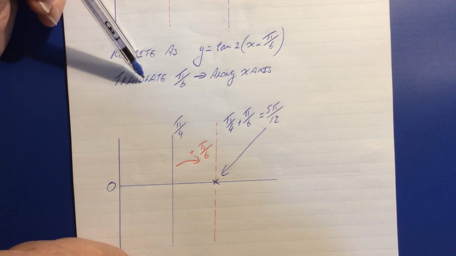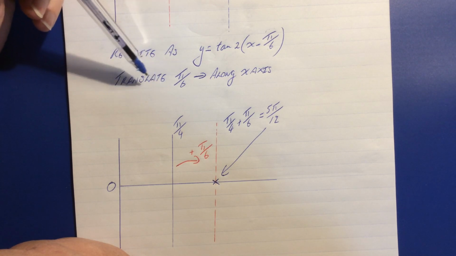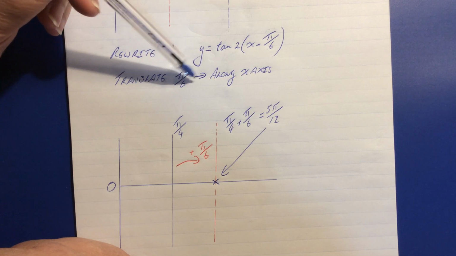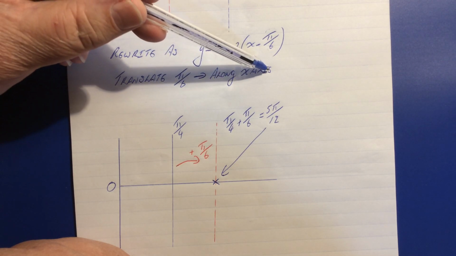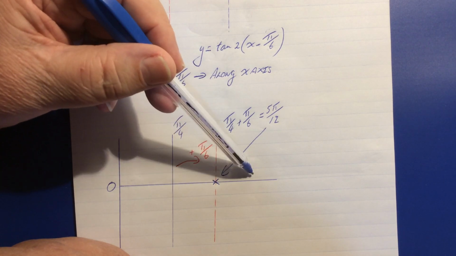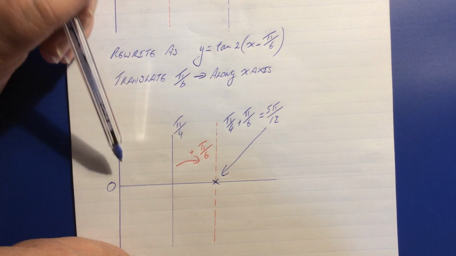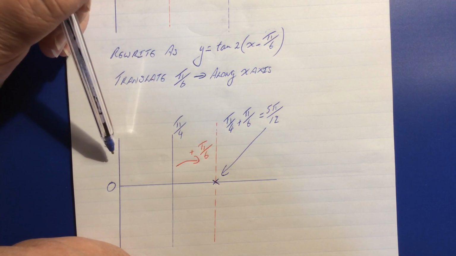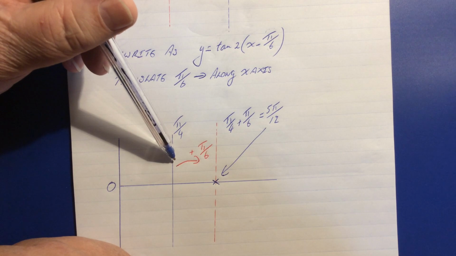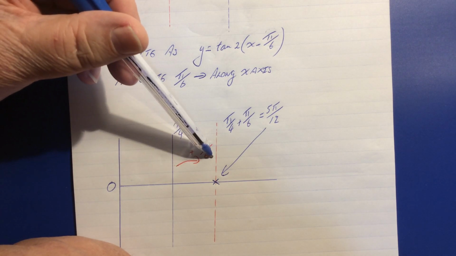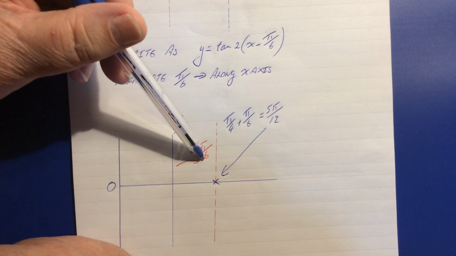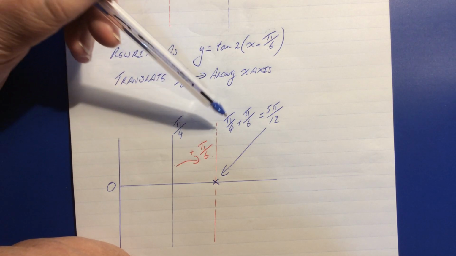I'm going to translate my asymptote, my starting point for this, pi on 6 along the x-axis. I'm going to move it along here. Anyway, it's this translation here. We move from pi on 4 a distance of pi on 6. Now, what does that do?